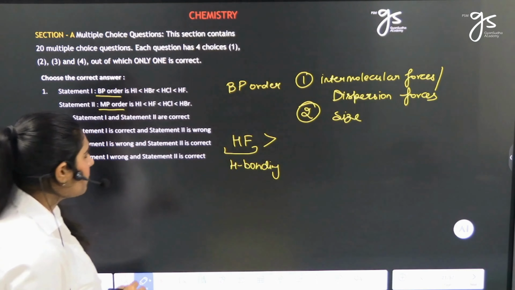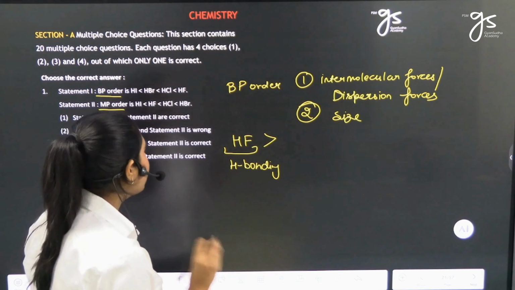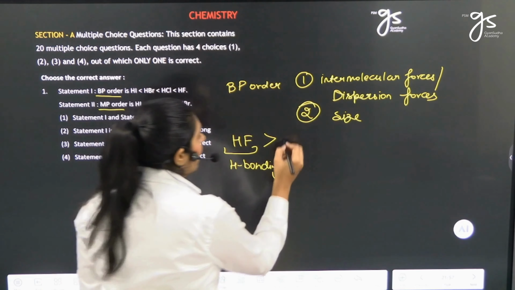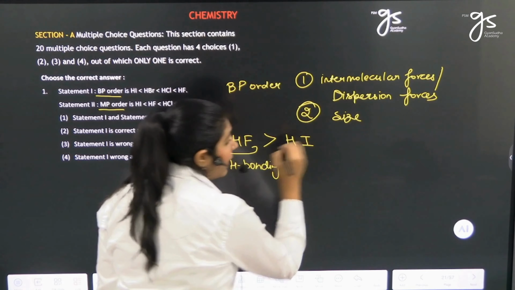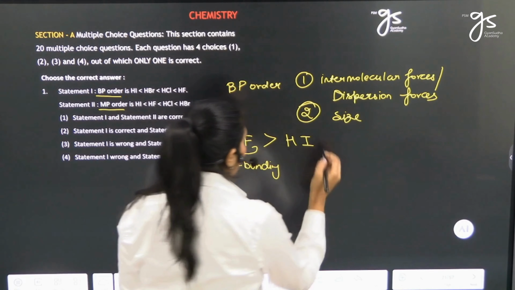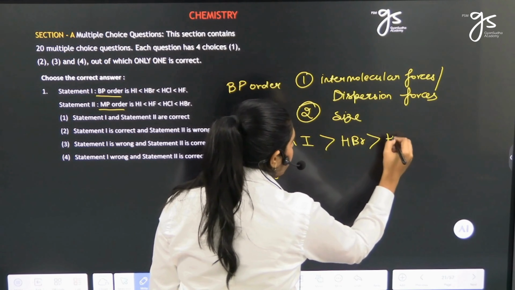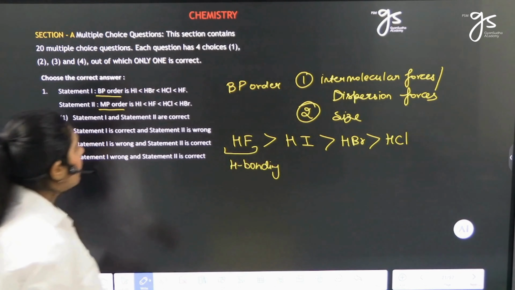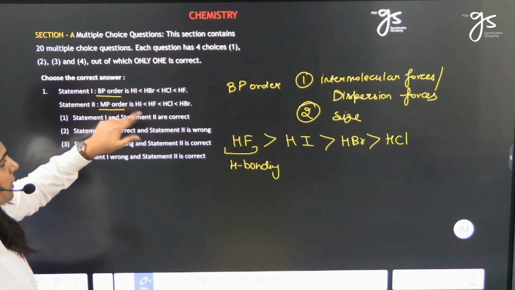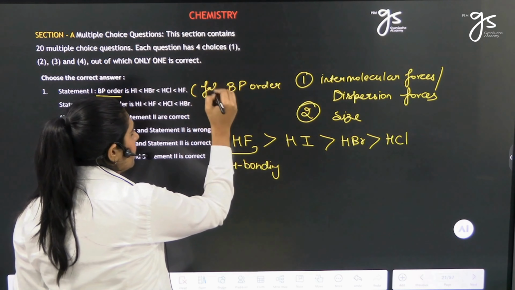After that, on the basis of size, iodine is the largest, then HBr, and after that HCl. So the given order is not correct, due to which it is a false statement.